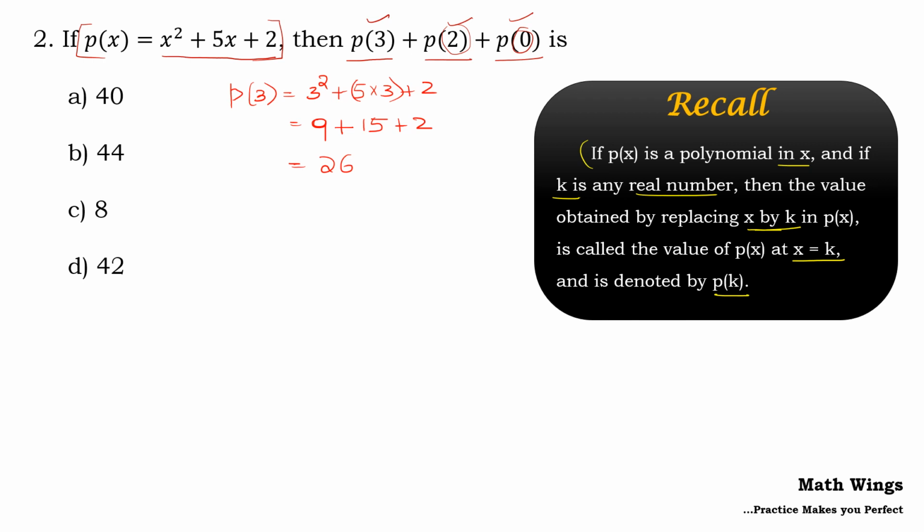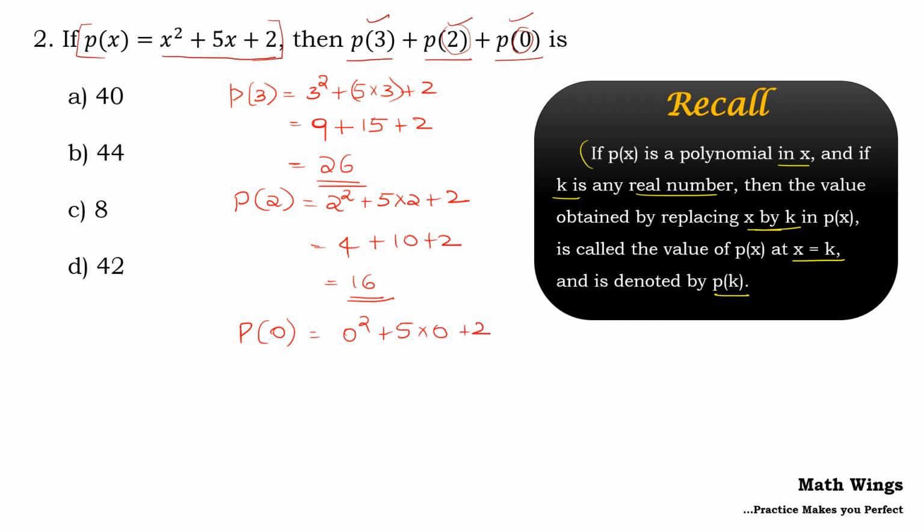Now next, p of 2 is equal to 2 squared plus 5 into 2 plus 2, that is equal to 4 plus 10 plus 2, which is equal to 16. The last one, we have p of 0, that is equal to 0 squared plus 5 into 0 plus 2, that is equal to 0 plus 0 plus 2, which is equal to 2.